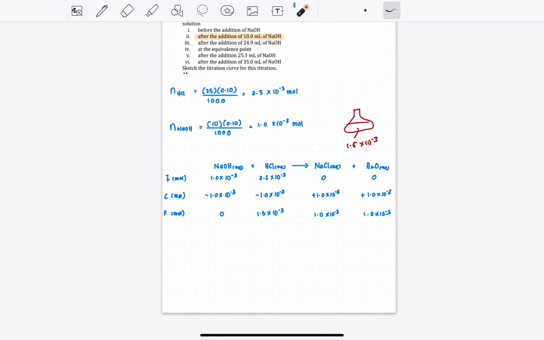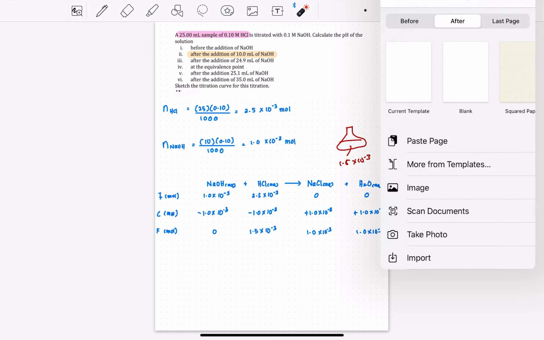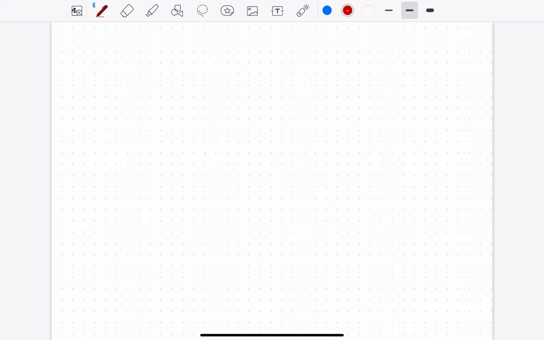This is mole. So next one, so number of mole left is 1.5 exponent negative 3 mole. To find the pH, we have to calculate the concentration, because for pH we need the concentration.